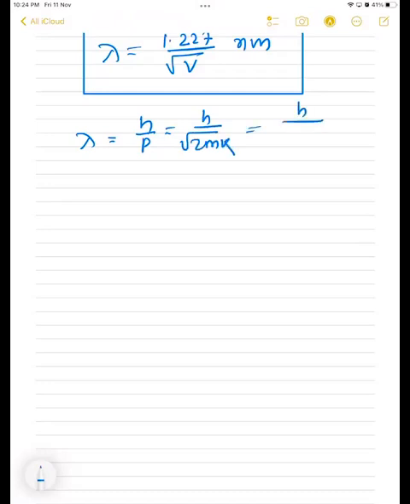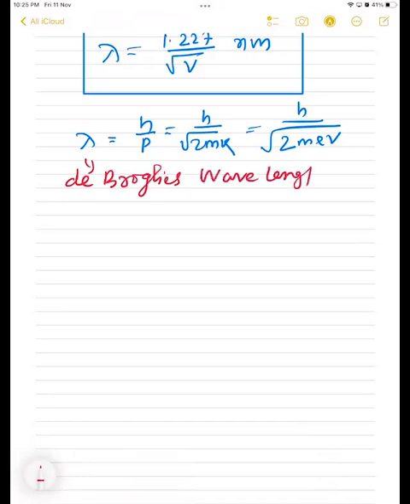That is equal to h by root 2 into m into eV, है ना? अभी जो वैल्यू हमने निकाले, यू गेटिंग? This is de Broglie wavelength of electron, है ना?